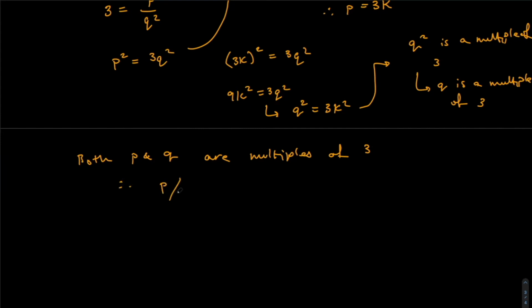Therefore, p by q is not simplified, right? It's a contradiction. It's not rational. Therefore, p by q is not rational, right?